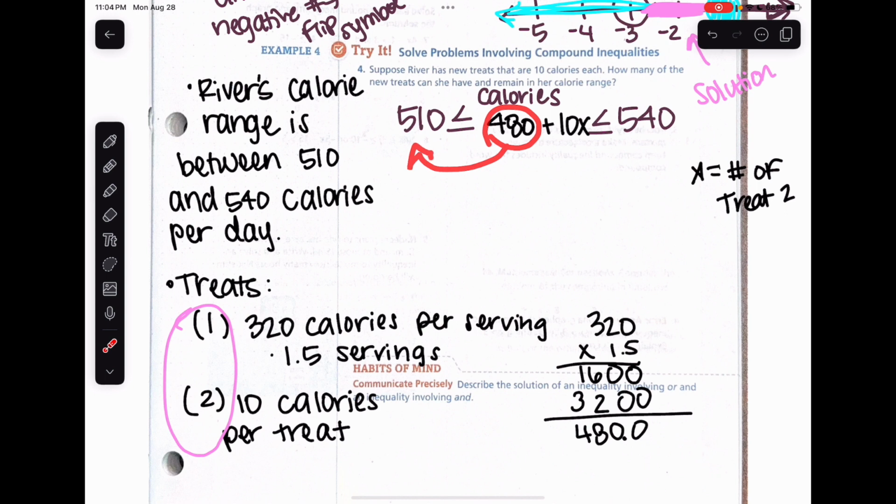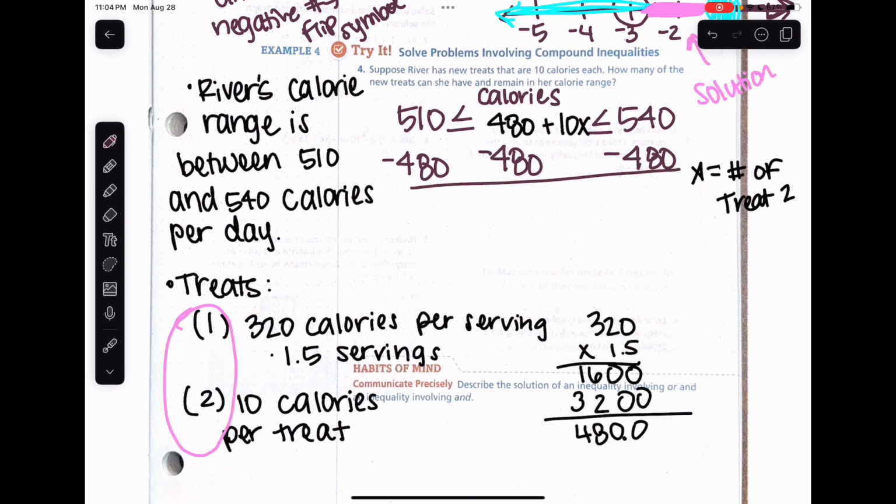So if I moved it to the left, I got to move it to the right as well. Okay, so I'm going to go ahead and subtract off 480 from both because we know for a fact she's going to have that one treat that's a lot of calories, right? She's going to have that, and then she'll have the 10x remaining. All right, when I do my subtracting, over here on the left, I have 30, and on the right, I have 60.